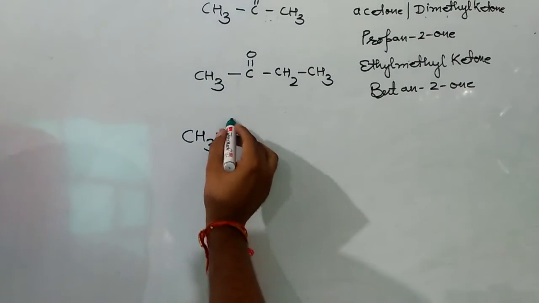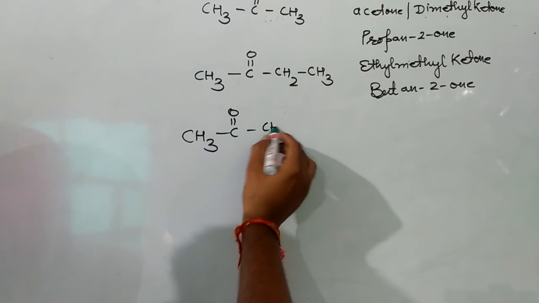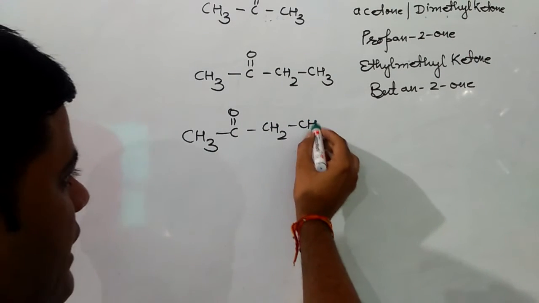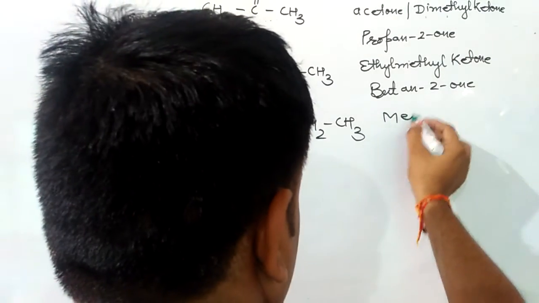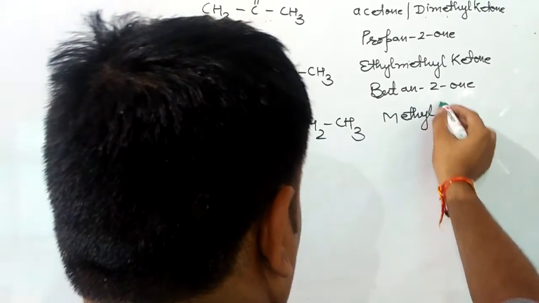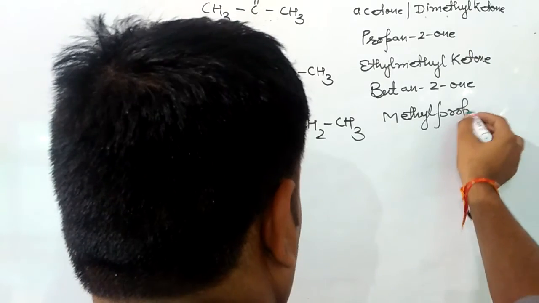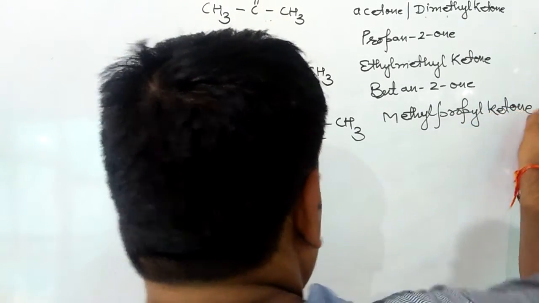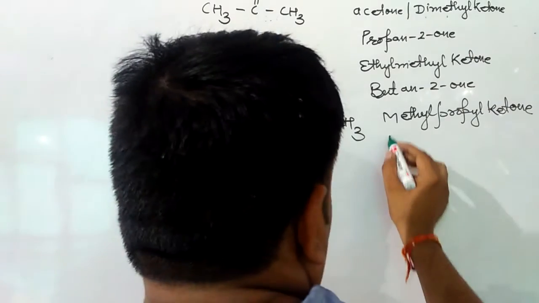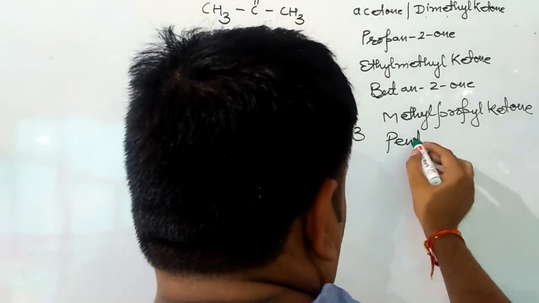Next one is CH3 C double bond O CH2CH2CH3. Common name will be methyl propyl ketone, and IUPAC name will be pentan-2-one, and all these three will give the iodoform test.